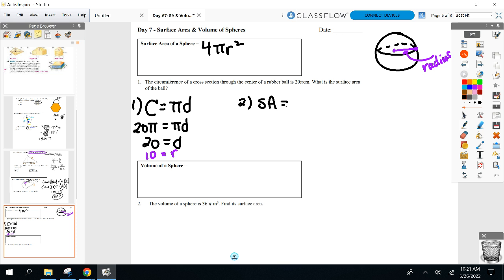And I'm going to make it easy on you guys because I just grilled you with a lot of questions. Leave your surface area here in terms of pi. 10 squared.